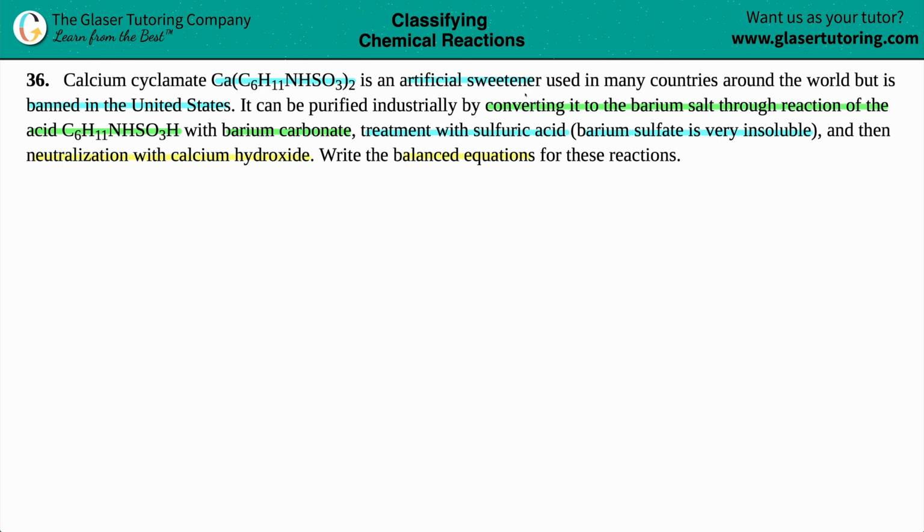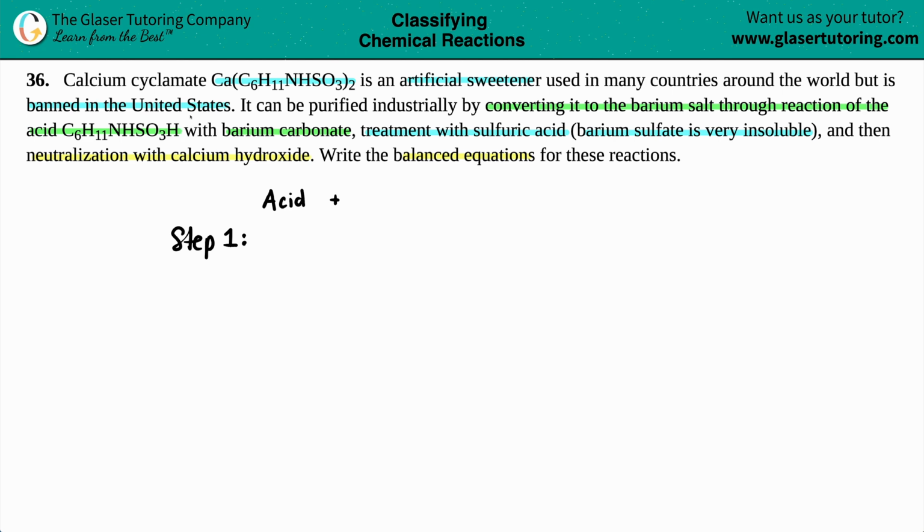Now, the first thing it says is that it's going to be converted to the barium salt through the reaction of an acid with barium carbonate. So these two things go together, and that's the first step. So step one of this whole process is I'm going to take the acid and add it with the barium carbonate.